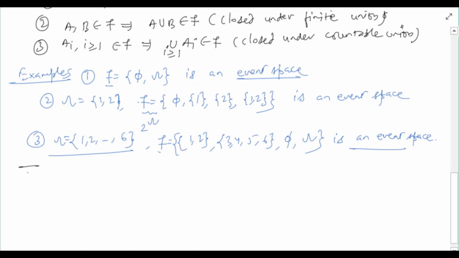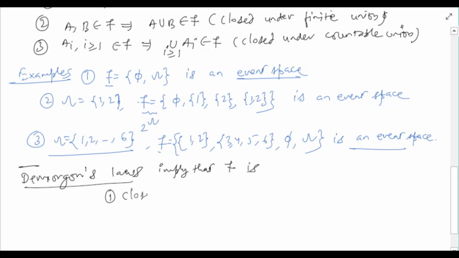Before we move further, let us observe a few more properties of event spaces that follow from De Morgan's laws. De Morgan's laws imply that F is closed under finite intersection.